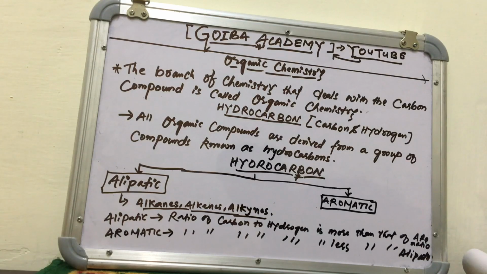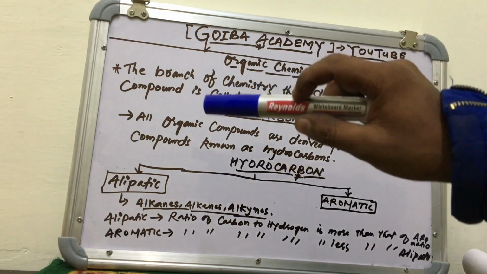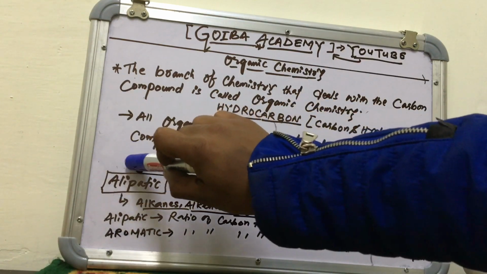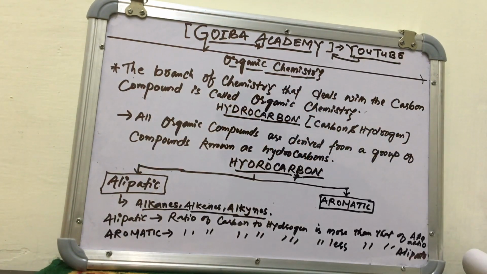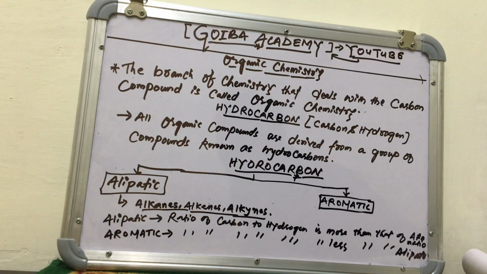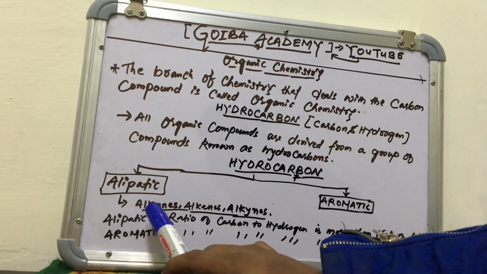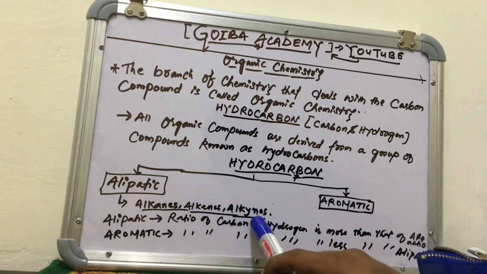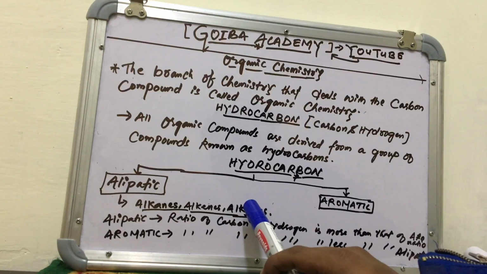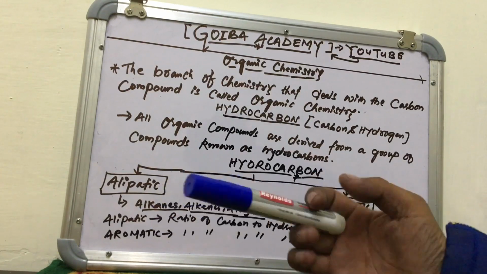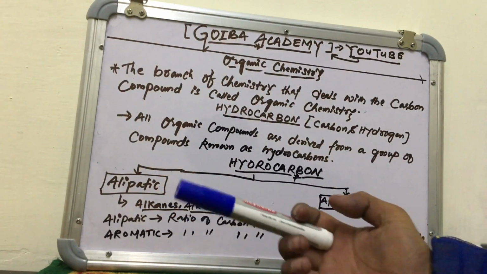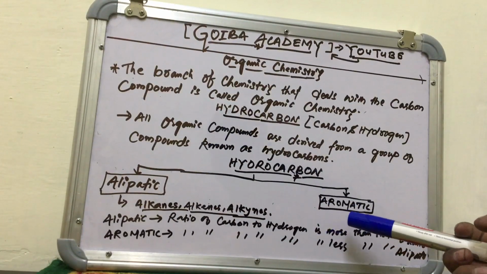In 11th standard, as per CBSE, we focus more on aliphatic compounds, which are a type of hydrocarbon, and they are subdivided into alkanes, alkenes and alkynes. You may be confused about what is aliphatic and what is aromatic.